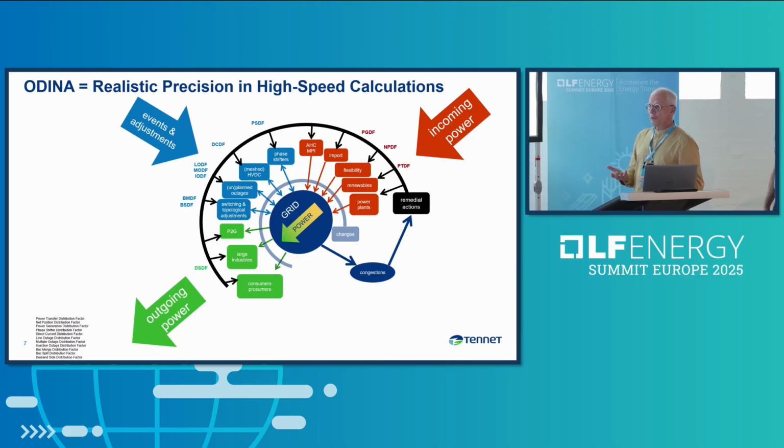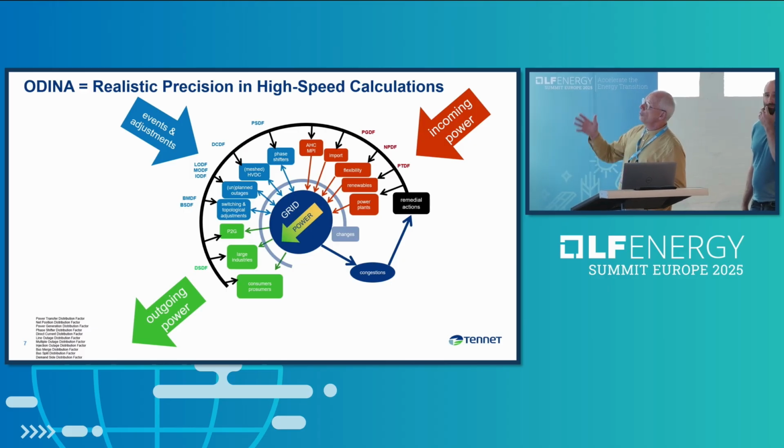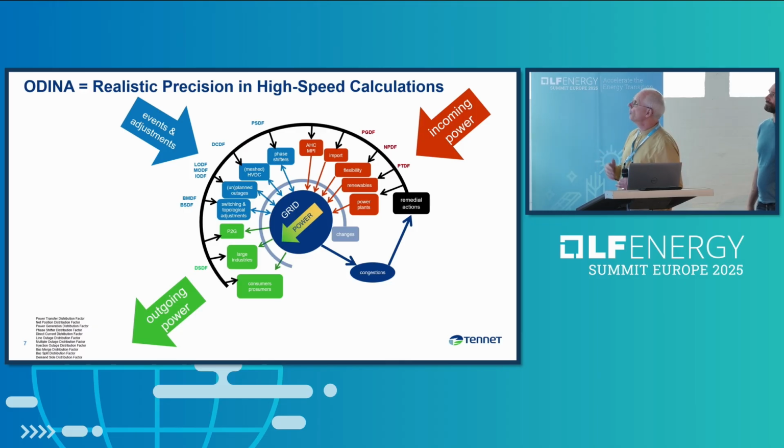So we started a scientific project, thinking we need to cover all possible changes. PTDF is well known, LODF is well known, but we needed to develop multiple outage distribution factors, which was not available. We couldn't find it anywhere. We needed PSDFs. At that time that we developed it, it was not available yet, so we developed it.